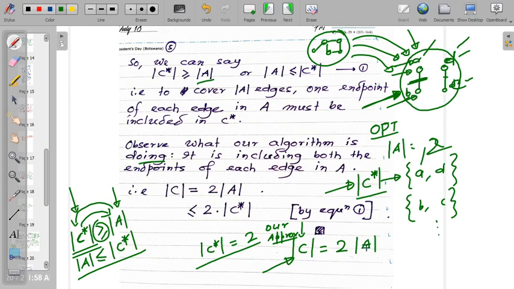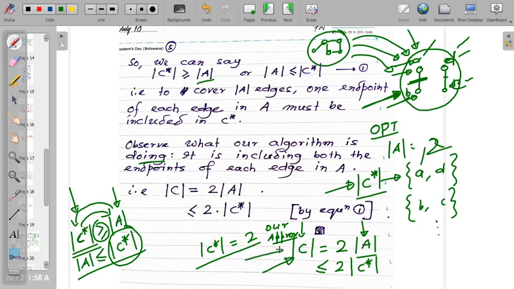If the cardinality of A is 2, that means 2 edges, and corresponding to one edge I have 2 vertices. So the number of edges multiplied by 2 will be the number of vertices. So our approximation algorithm has C equal to 2 times the cardinality of A. And we have a relationship between the cardinality of A and the optimal vertex cover, which is less than or equal to the cardinality of C star.